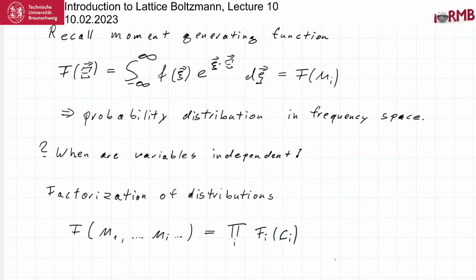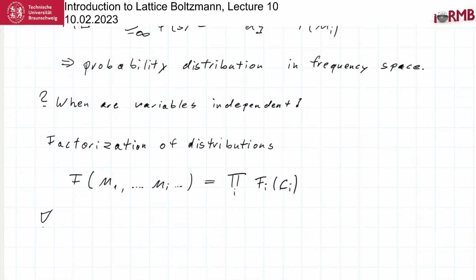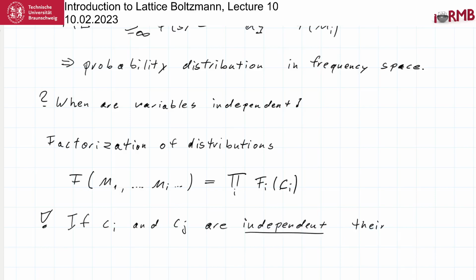Okay, let me just briefly write this down. If Ci and Cj are independent, this is the point: their joint probability distribution will factor.